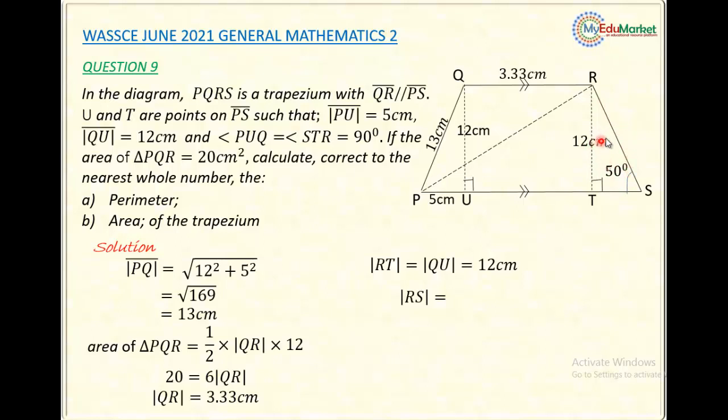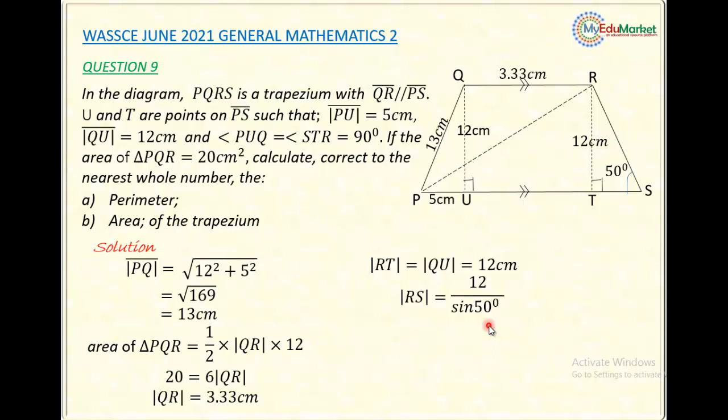This is opposite and this is hypotenuse, so I'll take the sine ratio, opposite over hypotenuse. Sine 50 equals 12 over RS. Making RS the subject of the formula, RS equals 12 divided by sine 50.